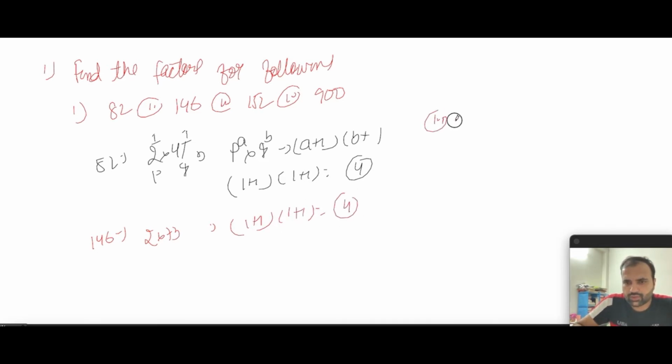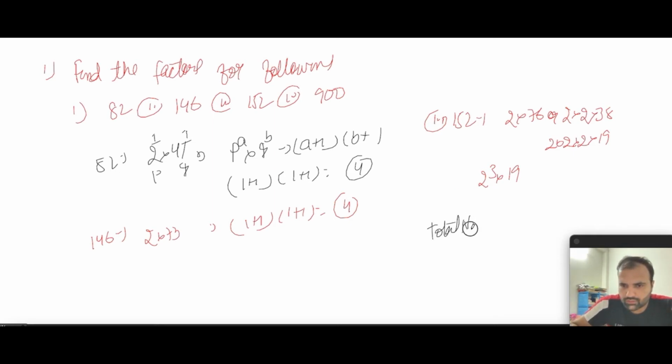We can do this for 152, it should be 2 into 76, or 2 into 2 into 38, or 2 into 2 into 2 into 19. So what do we have? We have 2 cubed into 19. So can we do it this way? Then the total number of factors, can we consider them as 4 into 2 equal to 8?